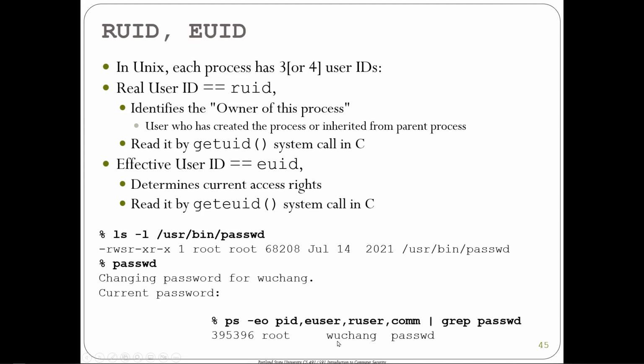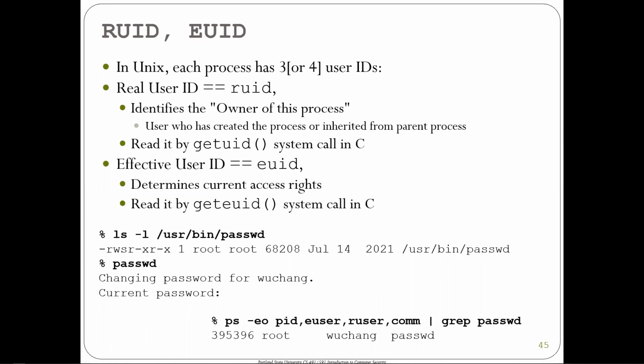Because if I create a file as part of the set UID binary, I need to be able to create it as the real user rather than the effective user. I don't want the execution of this file necessarily to create more files owned by root. And so this is by default. When you create a file that's mediated by the set UID binary, you create it as the real user.